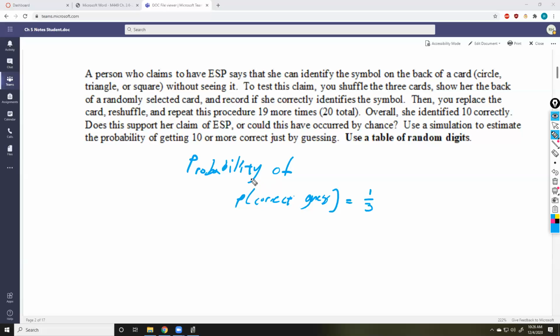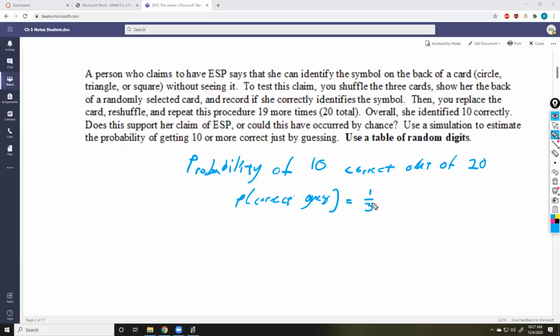And so that's the thing that we're trying to think, is that remarkable? Could that have occurred just by chance? So probability of 10 correct out of 20, if they have a 1/3 chance of guessing correctly.